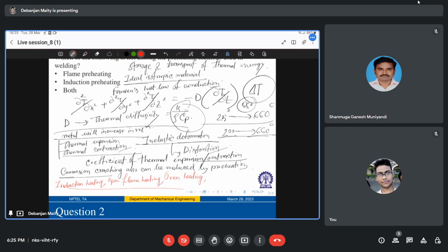Now, how does induction heating work? Any guess? So if you see induction heating, it basically creates a magnetic field, right?